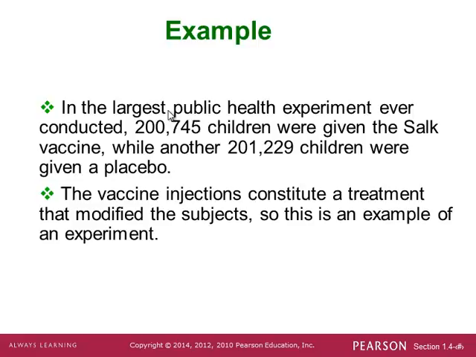Here's a different sort of statistical study. Well, way back before I was born, one of the greatest achievements in public health involved the development of the vaccine for polio. By the way, Jonas Salk is a saint in the public health world because he opted to not get a patent for his immunization.